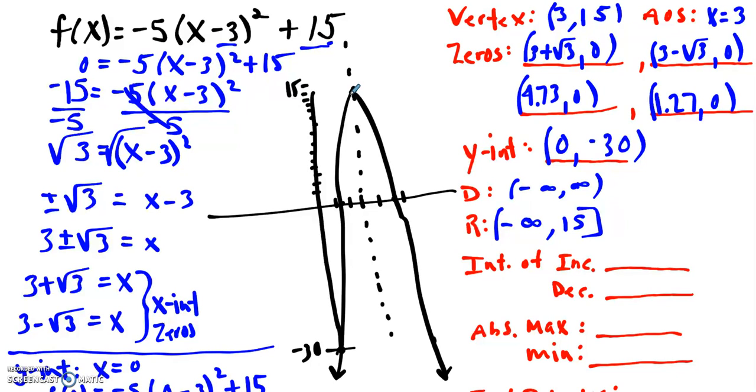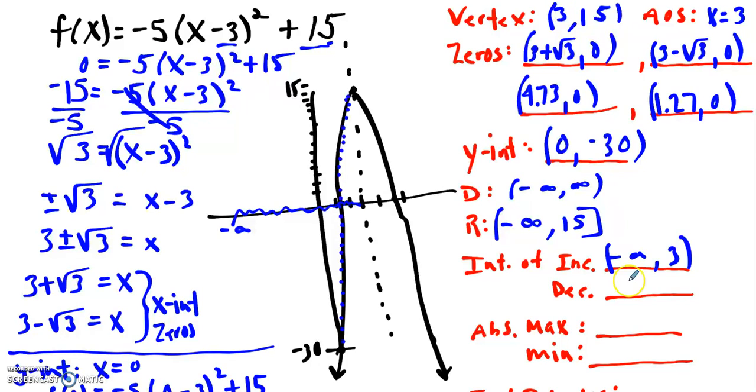My interval of increase, well, as I'm coming up here, where am I going until? So my x's going from here all the way to here, the graph is increasing. So these x's are coming from negative infinity, and the x's are going until I hit 3. And that's just parentheses.